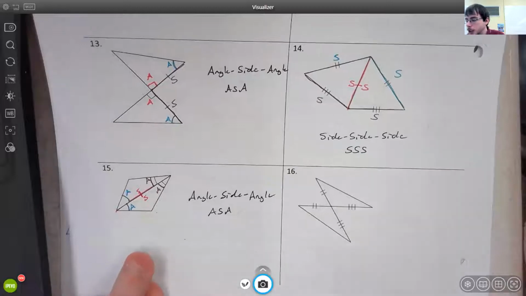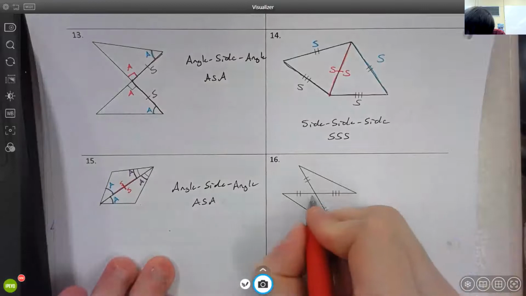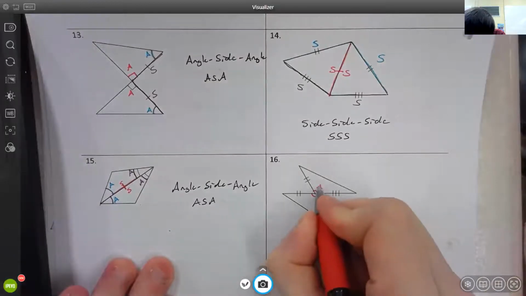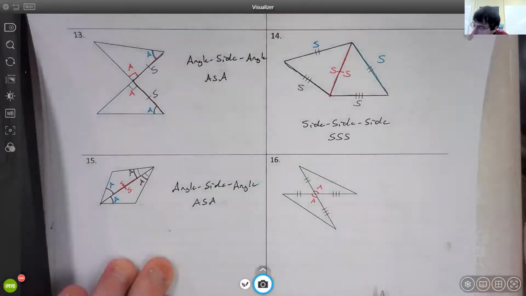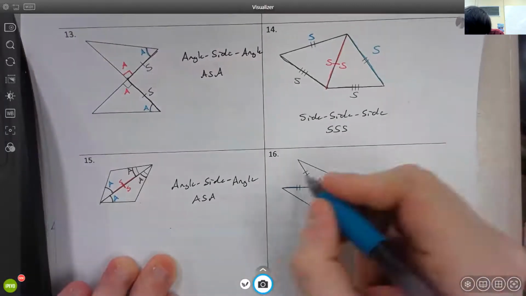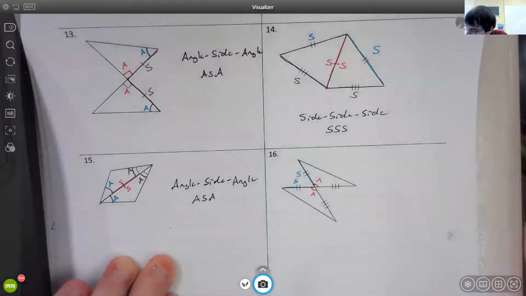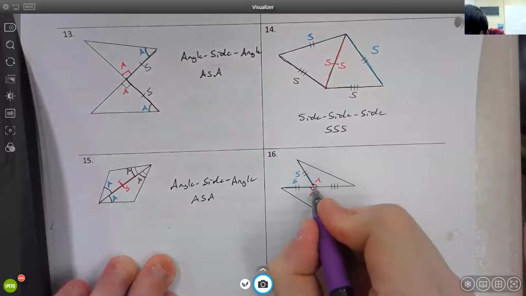And then finally, number 16. We have a pair of vertical angles here. We have a pair of congruent sides here. And we have a pair of congruent sides here.